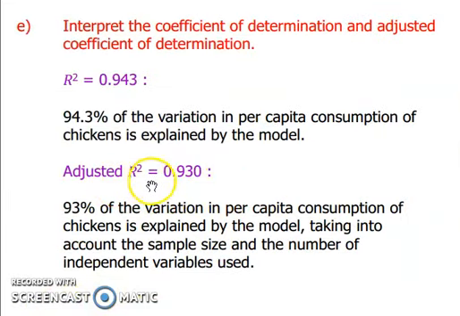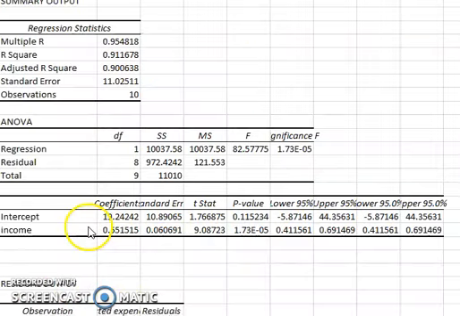Adjusted R squared is 0.93, meaning that 93% of the variation in Y, which is per capita consumption of chicken, is explained by all the variables x1, x2, x3, and x4, but taking into account the sample size and also the number of independent variables used.